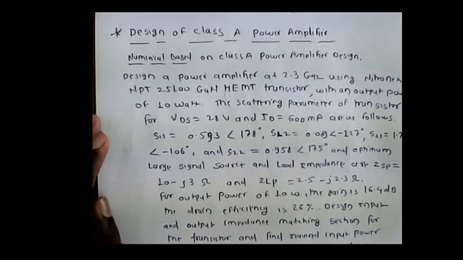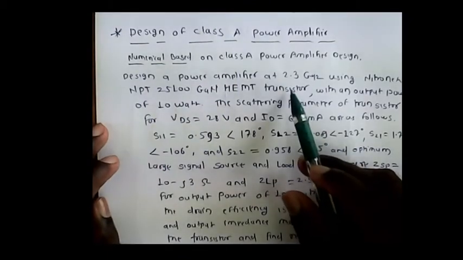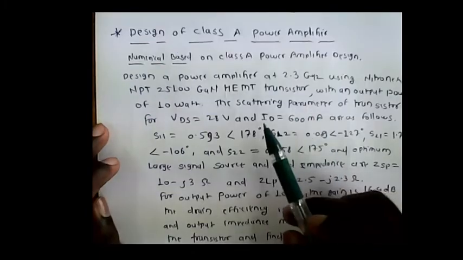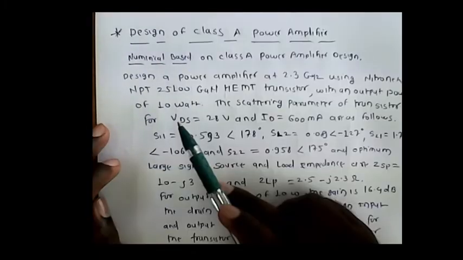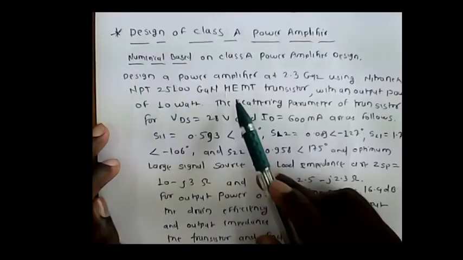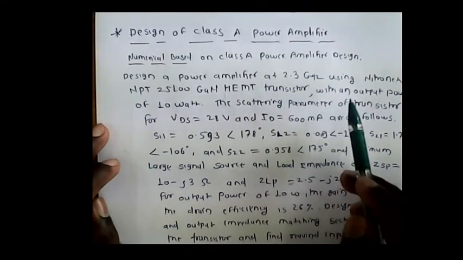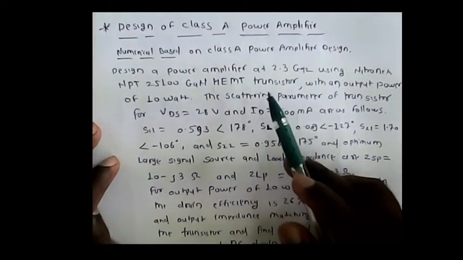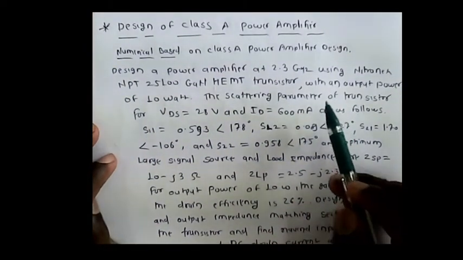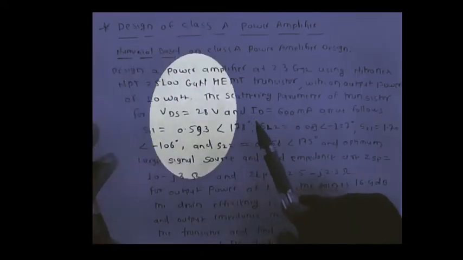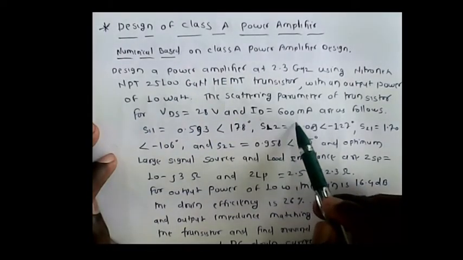by solving one numerical. Design a power amplifier at operating frequency 2.3 GHz using the Nitronex NPT25100 GaN HEMT transistor with an output power of 10 watt. The scattering parameters of the transistor are given with the voltage supply VDS equal to 28 volt and drain current 600 milliampere.